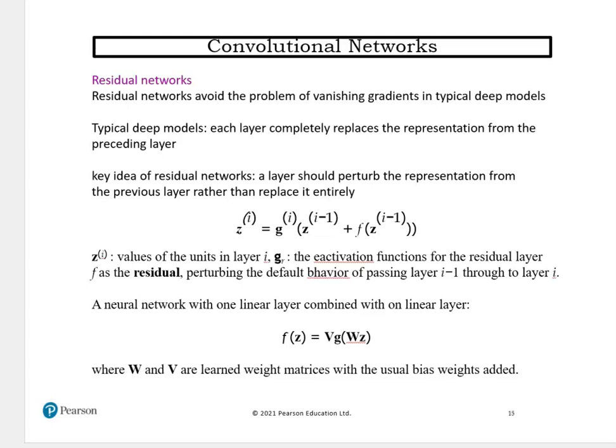So the input in this case will be a 4-dimensional tensor. So 256 by 256 is the number of pixels, and each pixel has 3 variables, which is RGB, so times 3, and then we set a mini batch of 64 images, so times 64.